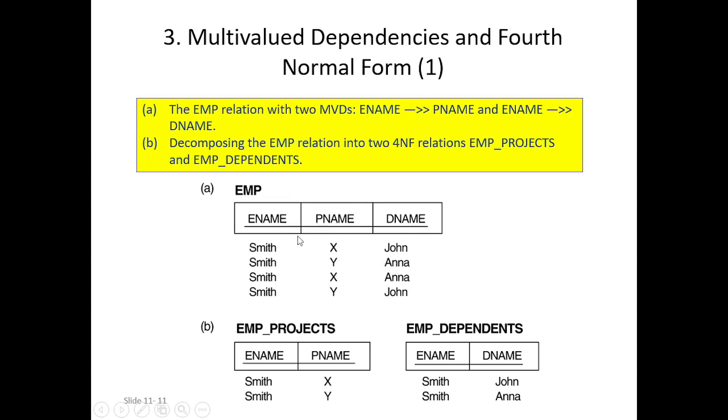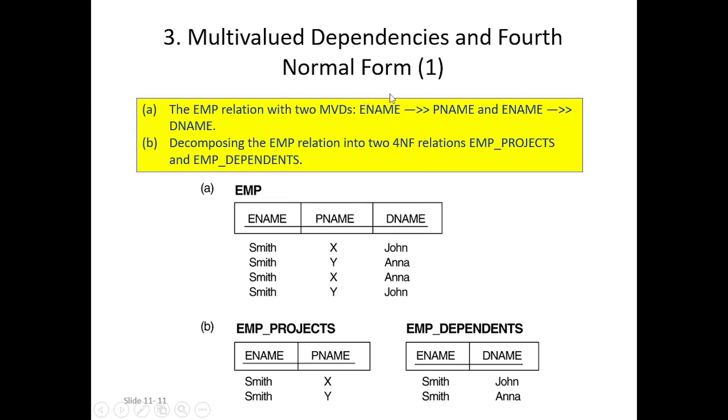So Smith working on project X with dependent name John, Smith on Y with Anna, Smith on X with Anna, and Smith on Y with John. For the same value you have multiple values here. That is a multi-value dependency.